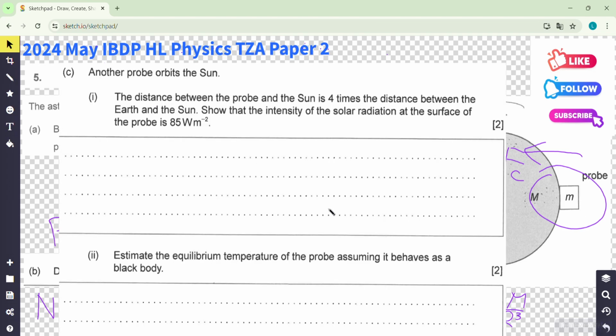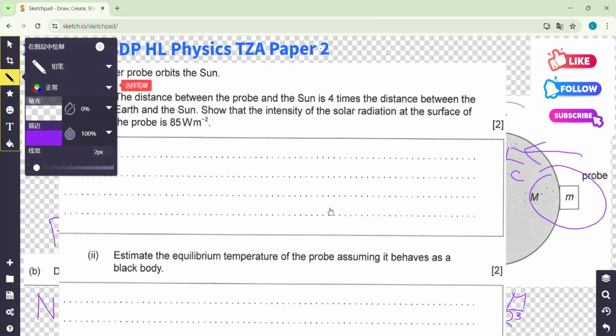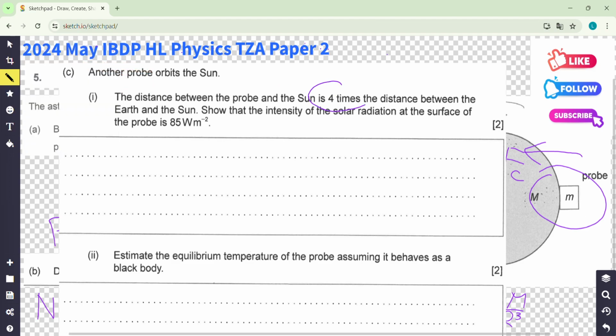Next part is another question that really has no relationship with A and B. I'm sorry, remember, A, B, C can have no relationship, but 1, 2 must be related. Okay, number 1, they said that another probe orbits the sun at 4 times the distance between the Earth and the sun, so that the intensity of the solar radiation on the probe is 85.